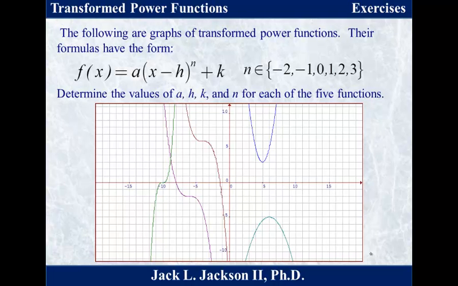You do that based on what shape you see. And then figure out the sign, positive, negative, or 0, for a, h, and k, and then see if you can figure out the actual numbers for a, h, and k. Begin with n first. So figure out those and then actually write down the formula for these equations. So there are 5 of them here. We're going to have you press pause here just a second and work these out, and then come back and check your answers. Press pause now.